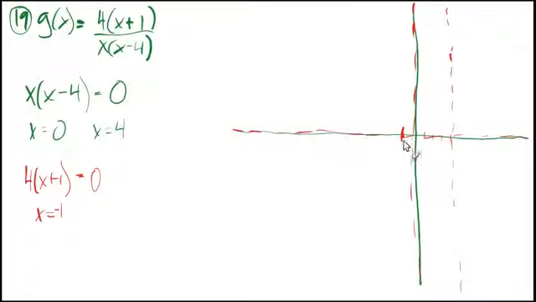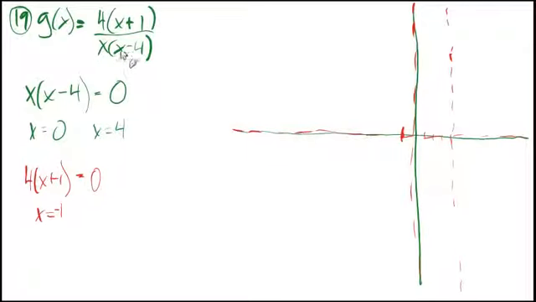So if I plot a point somewhere in here, say at -2, then I'll know some significant information about this graph. So if I put -2 in here, -2 plus 1 is -1. We've got -4 up there. -2 minus 4, that's -6 times -2.